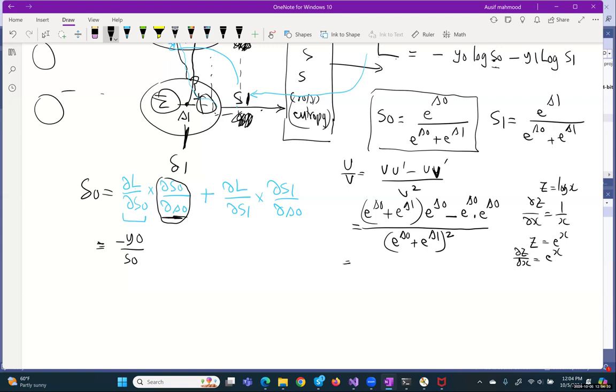So this will come out as E raised power S0 over E raised power S0 plus E raised power S1, okay? Minus, I can write it as E raised power S0 over E raised power S0 plus E raised power S1.